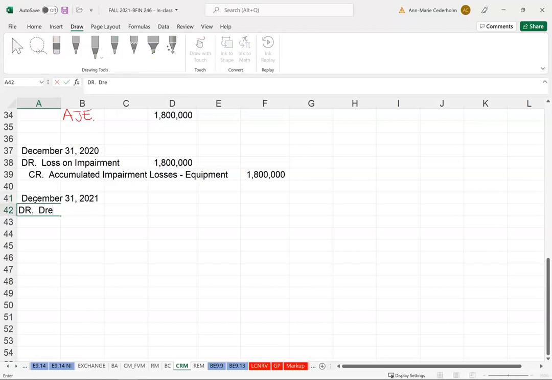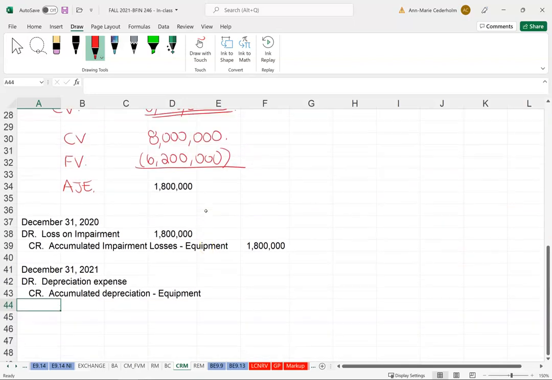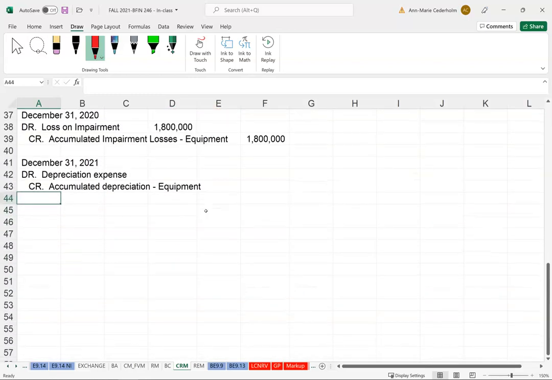I'm going to debit depreciation expense and then credit my accumulated depreciation, equipment. What we have to do is revise our depreciation for the new amount that's on our books. When we did the impairment test and wrote the carrying value down to 6.2 million, we would revise our depreciation rate.